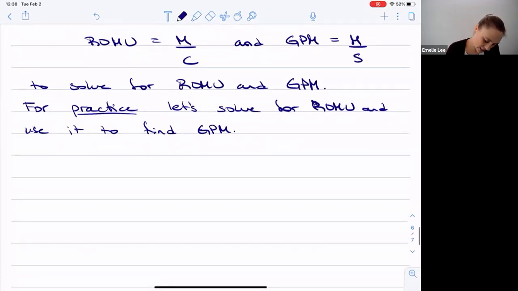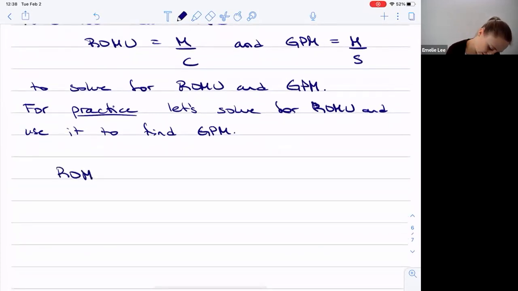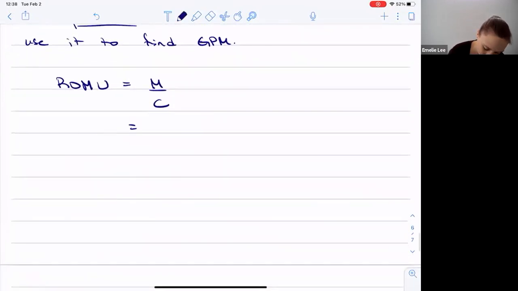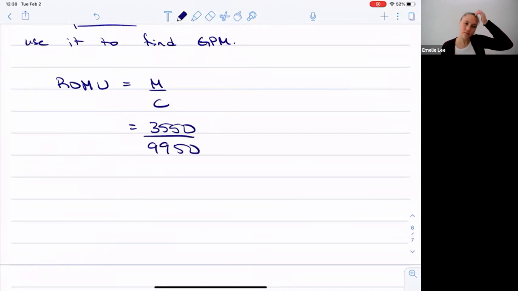So what I'm saying is, I can calculate the rate of the markup as M over C. In our case, we said our markup was 35.50 and C is 99.50. So 35.50 over 99.50. This is going to give me a decimal, which I'm going to use in my calculations. When I report my rate of the markup, I'm going to report it as a percentage because it's a rate.